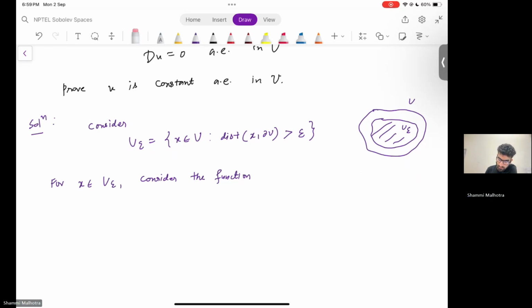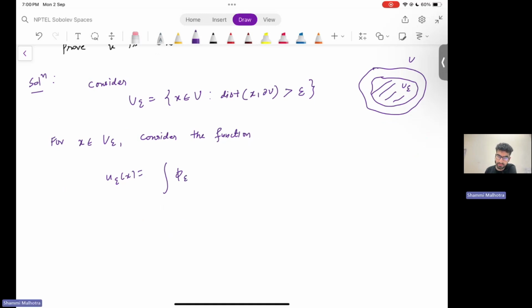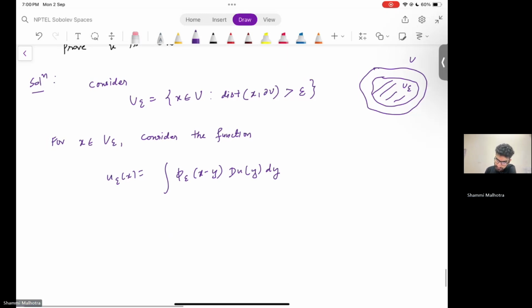u epsilon of x to be the integration of phi epsilon of x minus y times u of y dy, and this is the integration over y in u epsilon.